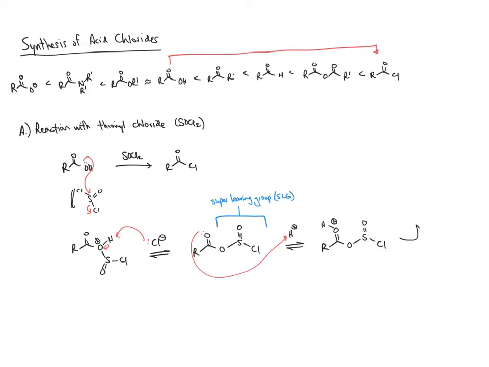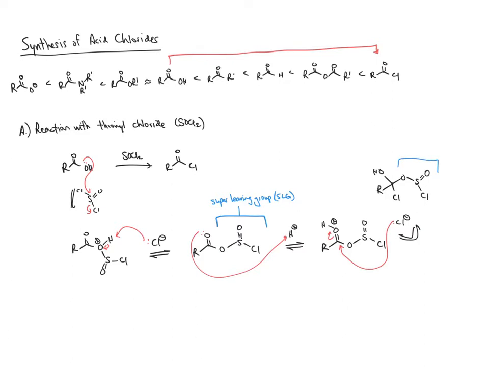The chloride here can undergo a nucleophilic attack, and so chloride anion is going to attack the activated carbonyl. All right, and what that's going to generate is a new tetrahedral intermediate. Like this. And now again, we still have this superleaving group here.